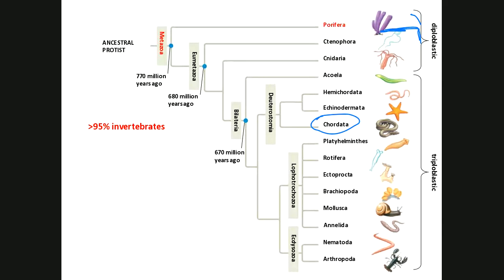Try to remember what these words mean. Literally, if you break them down, it'll help you remember them for this class and in the future. Meta is more than one, right? Zoa refers to animal cells. So a metazoan has many cells and is an animal. A eumetazoan, eu means true.